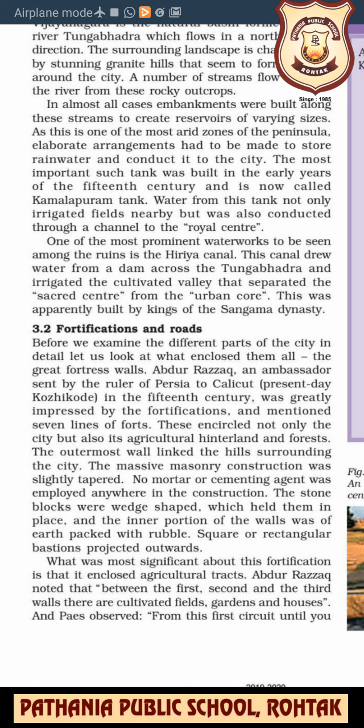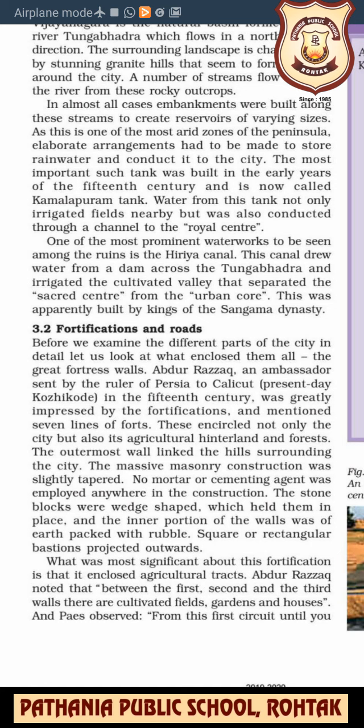Now, what was the prominent feature? What was the significance of this fortification? Beta, it enclosed the agricultural area, and Abdul Razzaq noted that between the first, second and third walls there were cultivated fields. What did we just read, beta? That there were seven lines, seven boundaries.